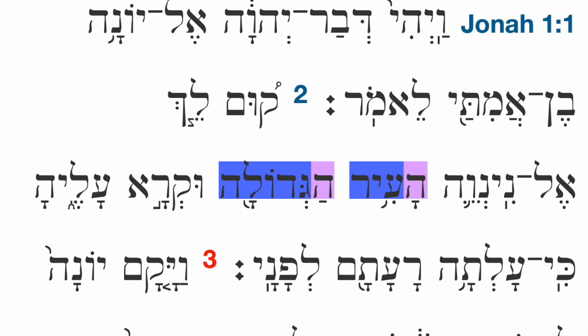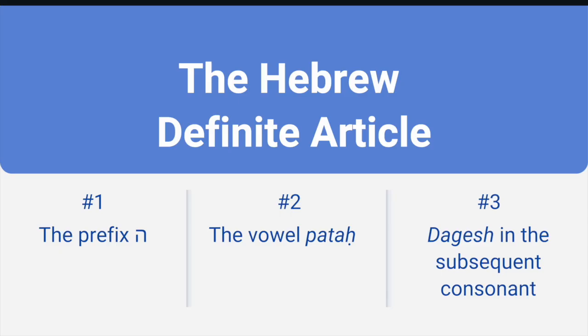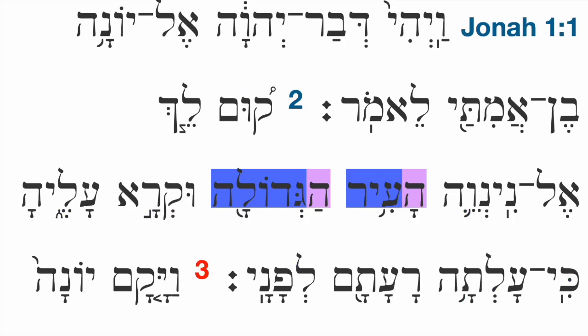So it's gedolah, but you can see preceding it is the letter hey with a patach beneath it, and then a dagesh in the first consonant of the word gedolah itself. So it's got all three of the standard features of the Hebrew definite article. And so hagdolah is the expected feminine singular defined form of the adjective gadol.